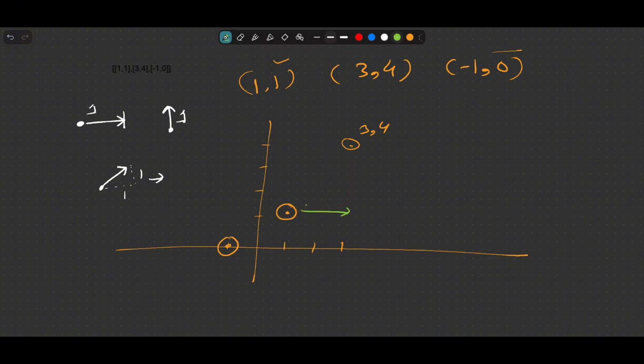We need to go 2 units here, and 3 units here. So instead of going 2 here and 3 here, for this 2 and this 2, we can move directly diagonally, right? So we take the minimum of these two. This becomes a square, because we need to go diagonally.